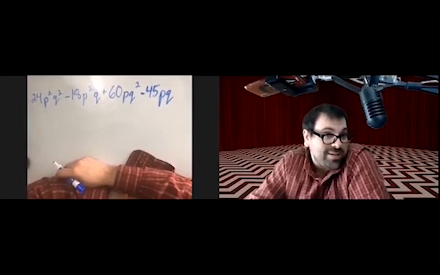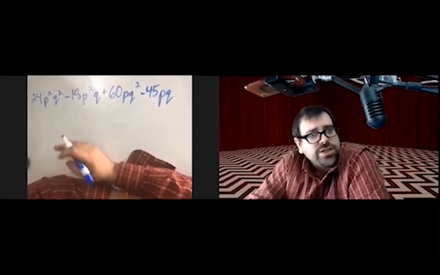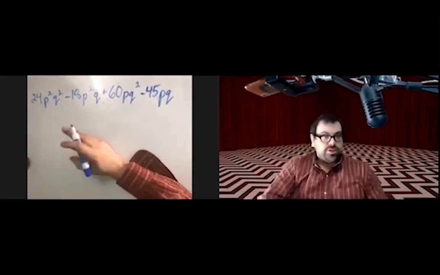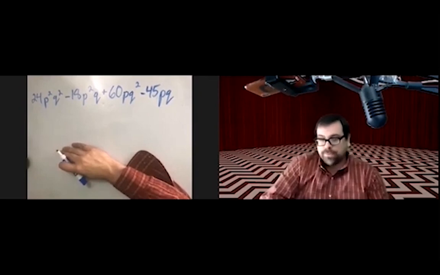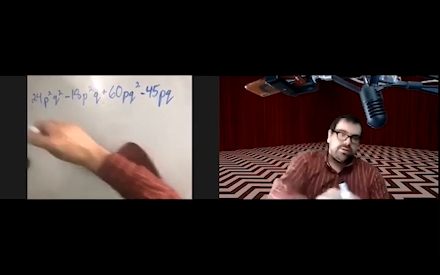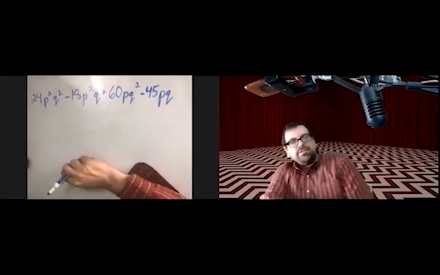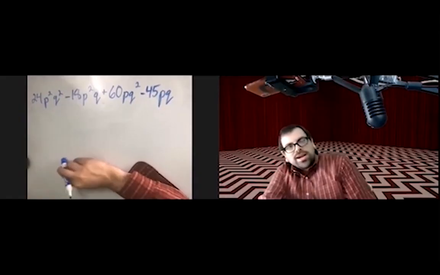An interesting thing happens here. What's that first thing I've been doing? I've been checking for a GCF, but there hasn't been one, which has forced us to just start with the grouping. But here, 24, 18, 60, and 45, they do share factors.